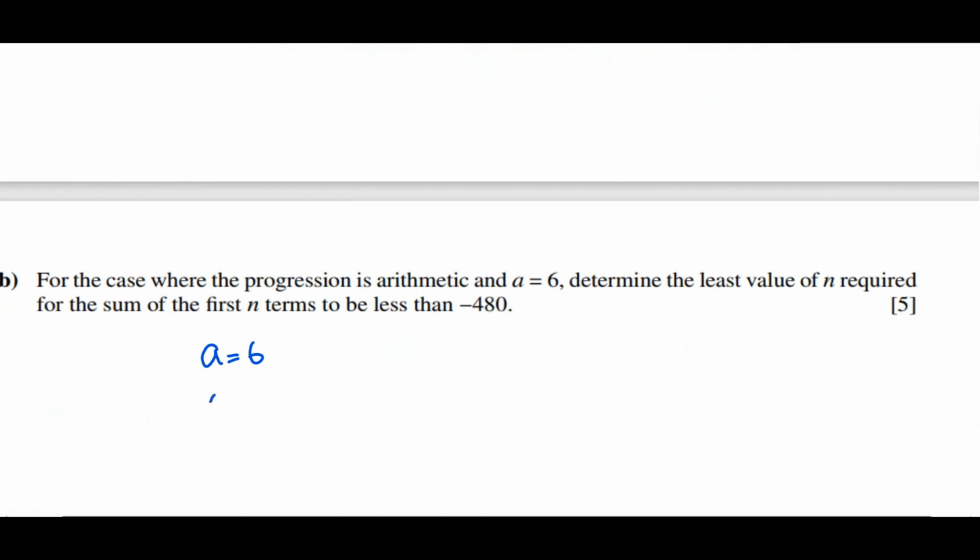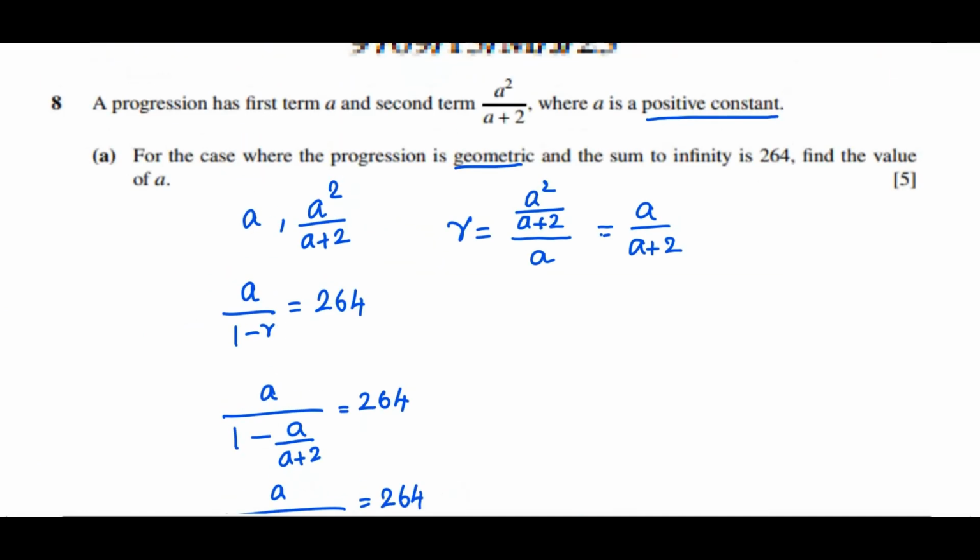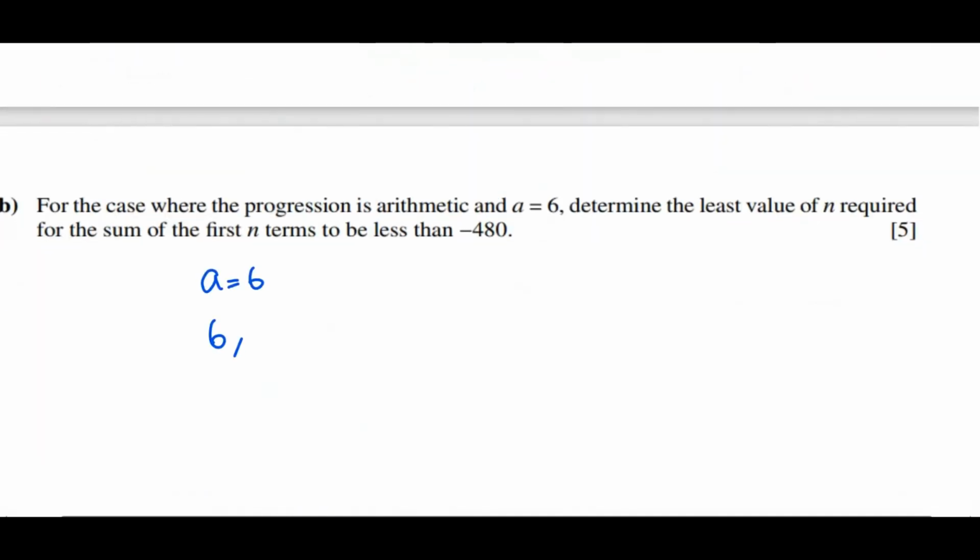a is 6, and the next term is a squared divided by a plus 2. So 6 squared divided by 6 plus 2, that is 36 divided by 8, or this can be written as 9 over 2.